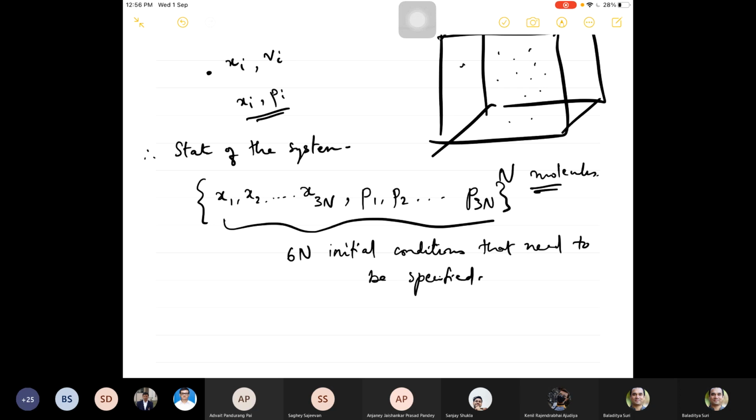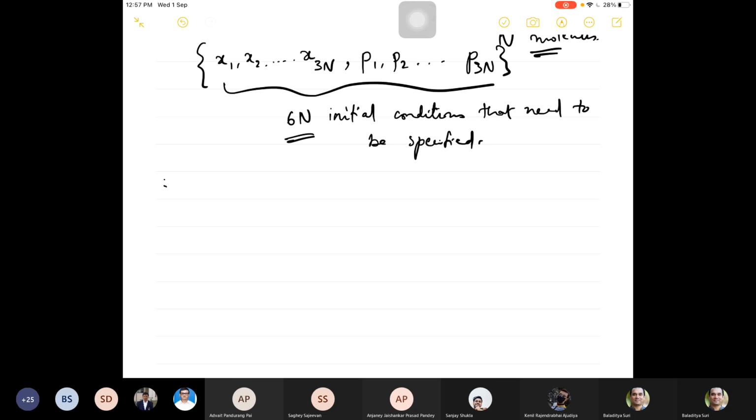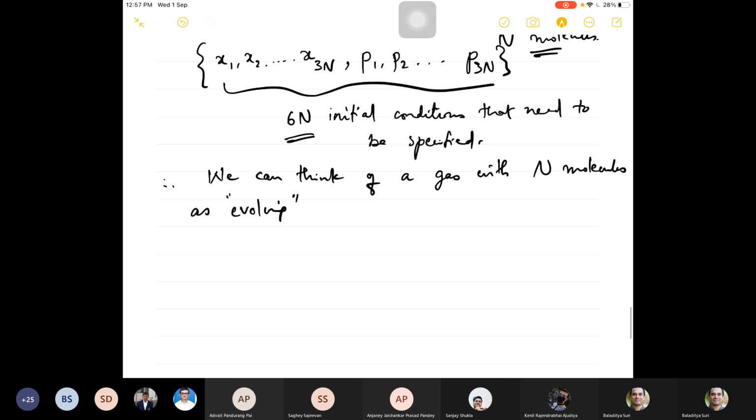All right. So we need to specify 6n initial conditions. Therefore, this dynamics of a gas with n molecules we can think of as evolving in a 6n dimensional space.